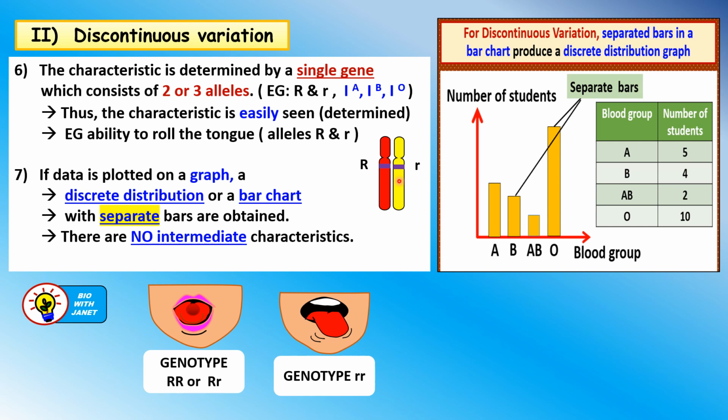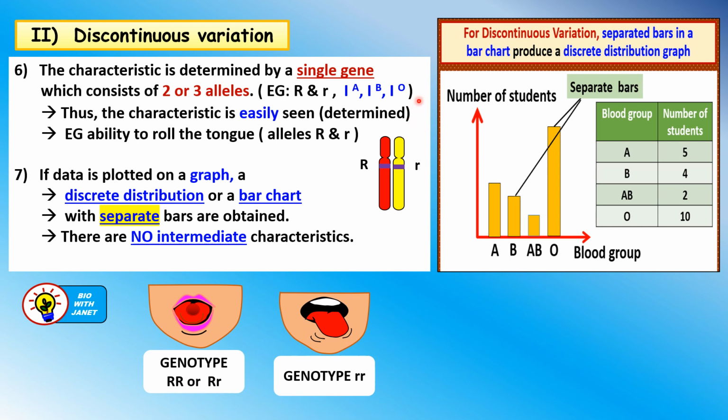These 2 alleles make up the gene for the ability to roll the tongue, whether a person can or cannot roll his tongue. Big R stands for the allele that determines that a person can roll his tongue, and small r is the allele that determines that the person cannot roll his tongue.